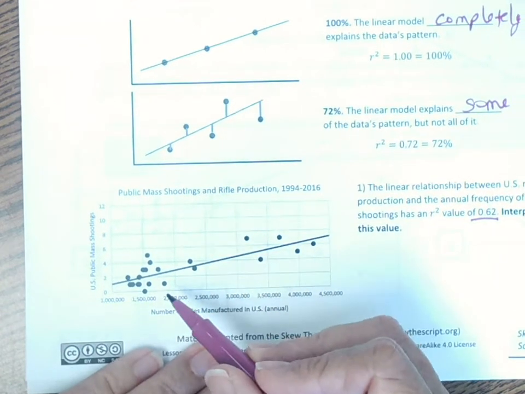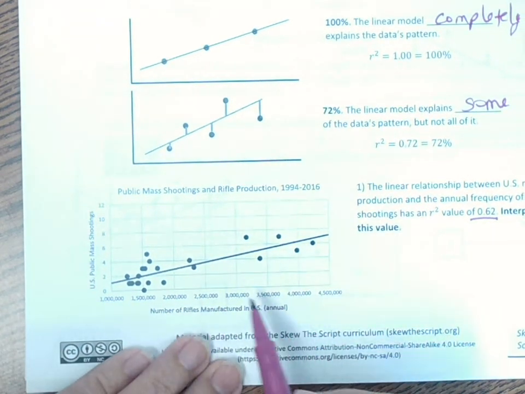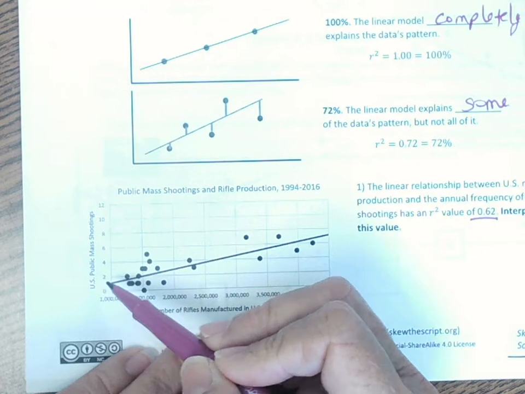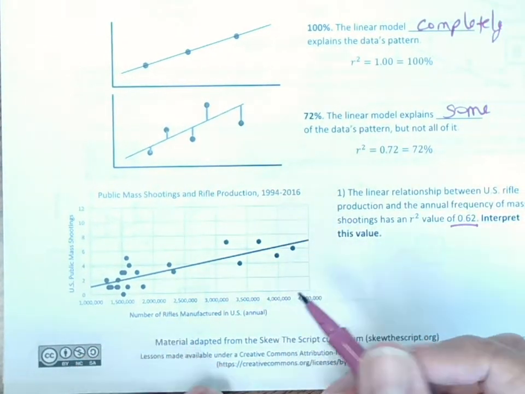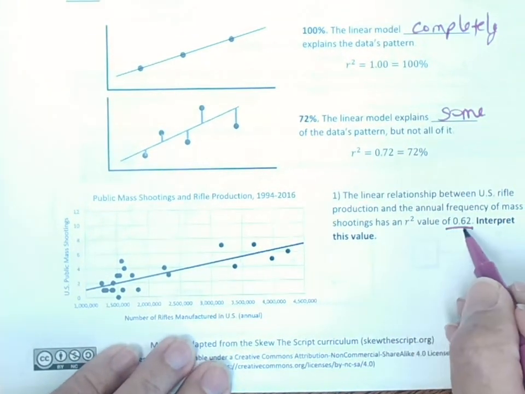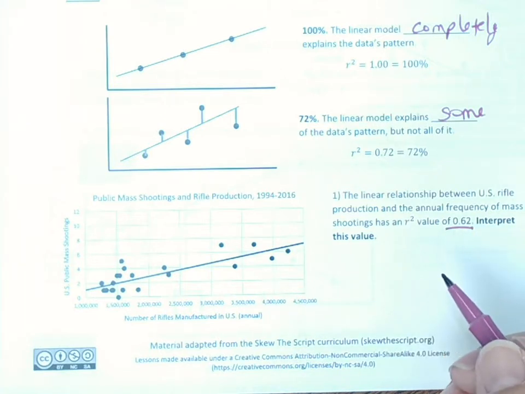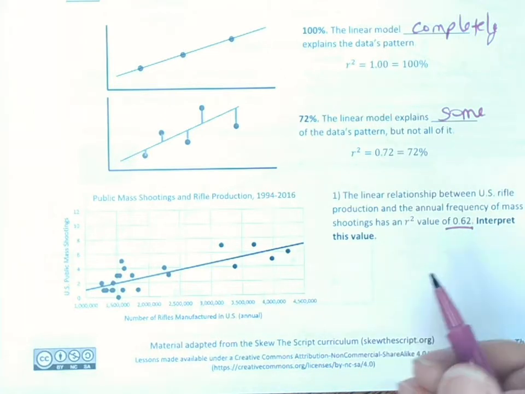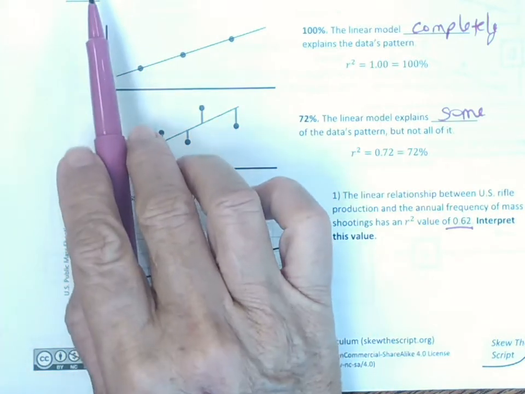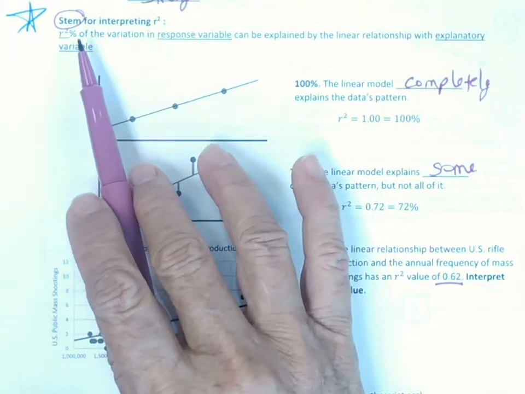If we look back at our number of rifles manufactured versus our mass shootings, the R squared value is 0.62. So with an R squared value of 0.62, again, I'm going to plug it into here.